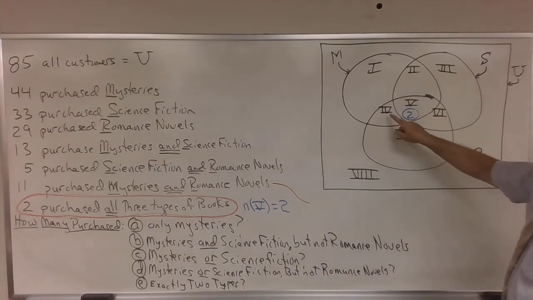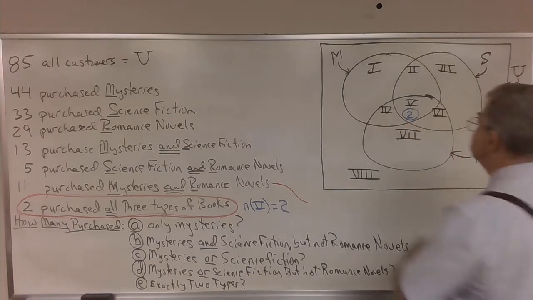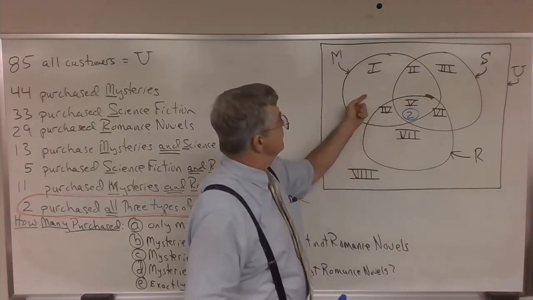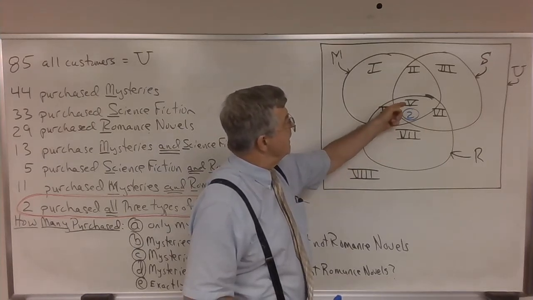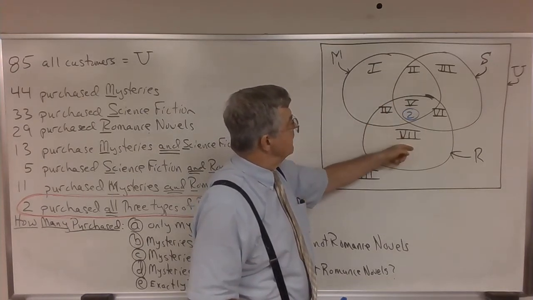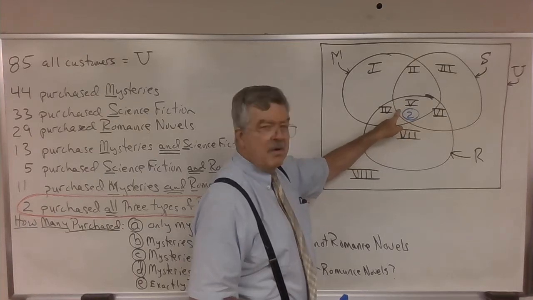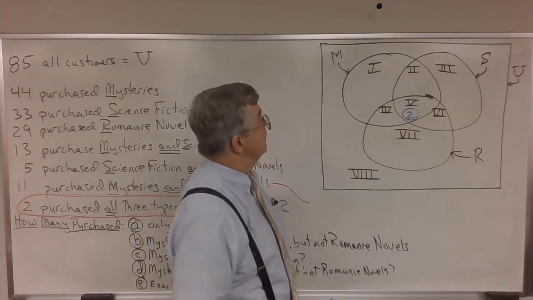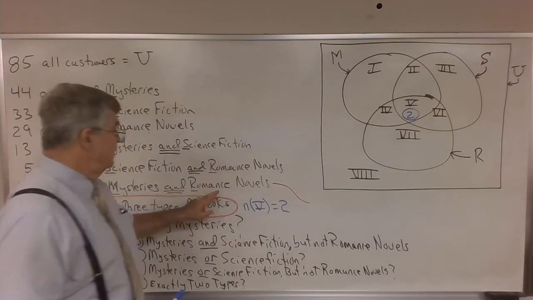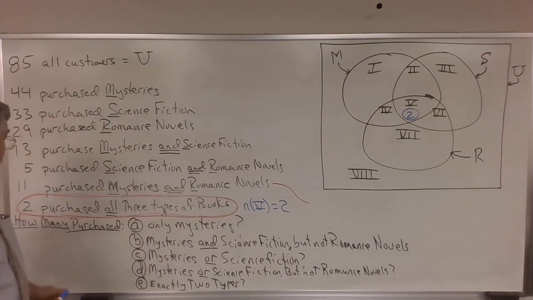Let's see. Region 4 is in mysteries and it's in romance. And region 5 is in mysteries and it's in romance. And we already know how many people are in region 5. So this is going to help quite a bit.